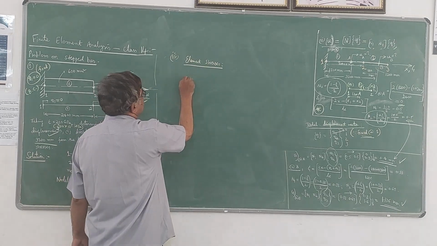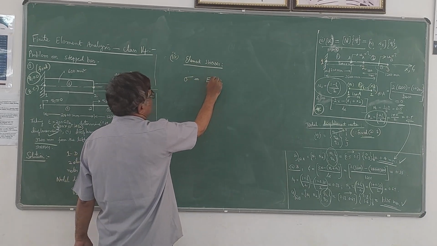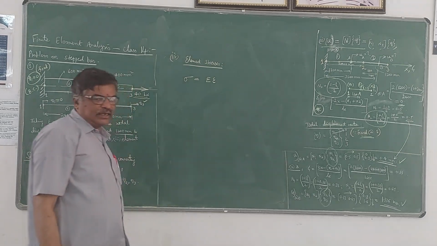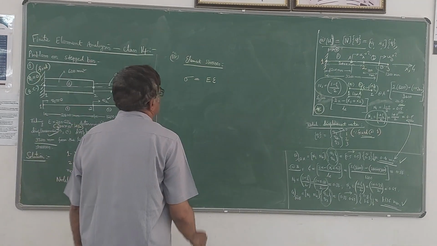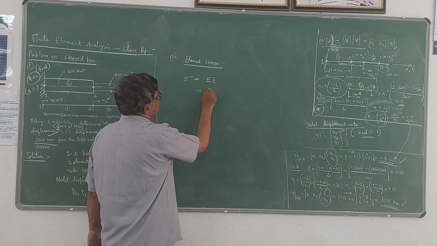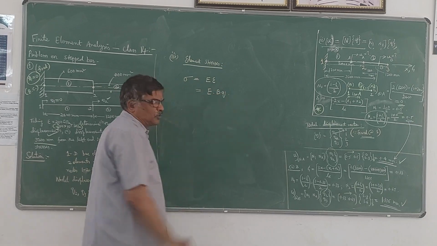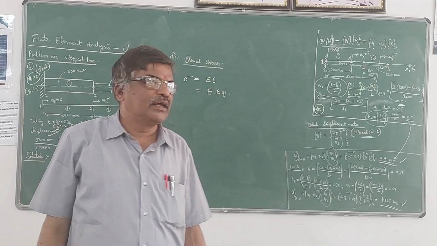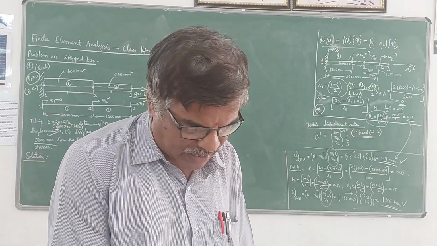So sigma is the stress, sigma is equal to E into epsilon. This is the general equation by Hooke's law: stress is equal to Young's modulus into strain. Epsilon is the strain, and of course this epsilon can be written as B into Q, where B is the strain displacement matrix. I derived the strain displacement matrix in the earlier class.